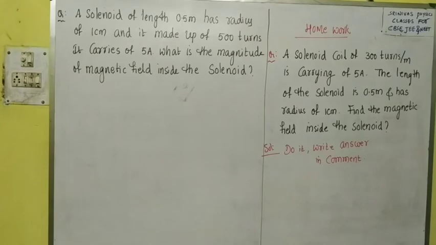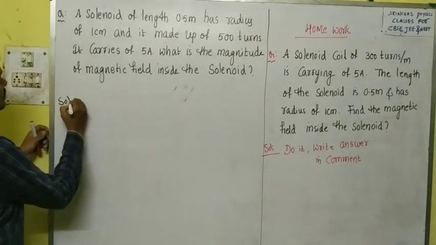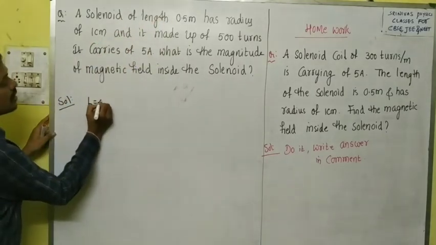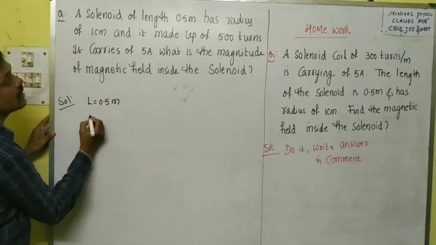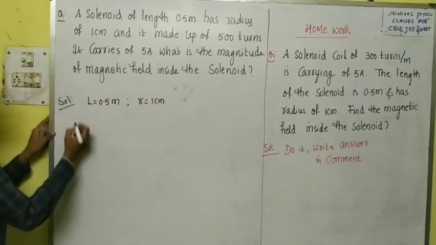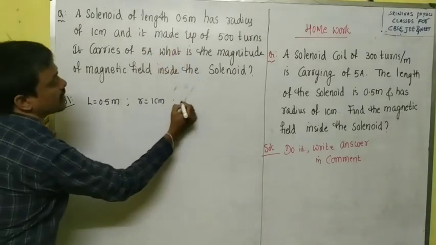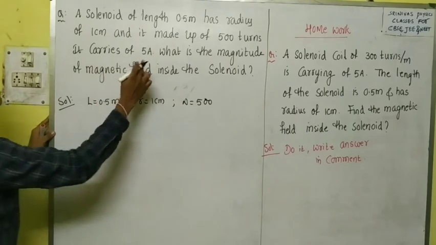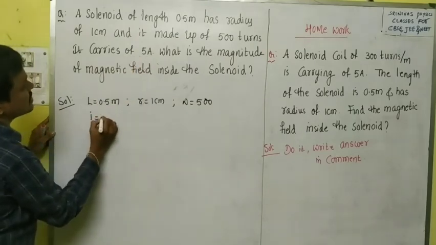Look here. Let us go for one problem. The solution of this problem: a solenoid of length 0.5 meters has a radius of 1 centimeter, which is very much less, and is made up of 500 turns. The total number of turns is 500, and the current it carries is 5 ampere.